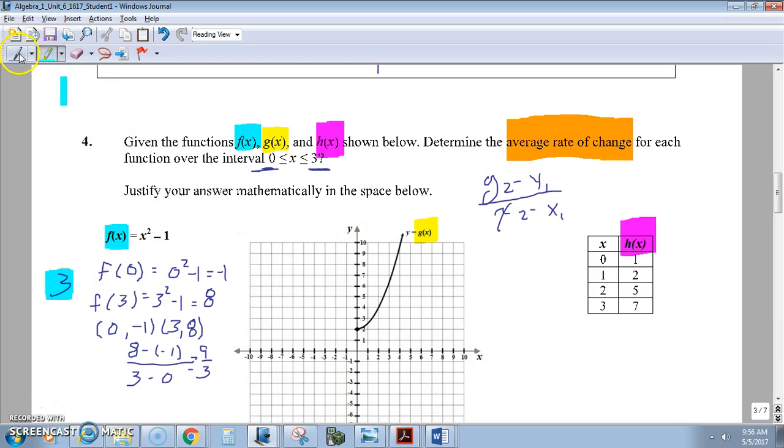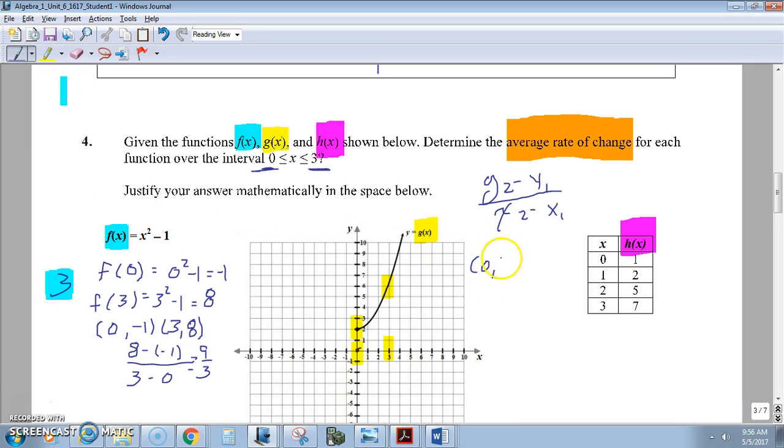So let's do it for g of x now, right? This time, if my input is 0, my output is, here I can show you guys, I'll highlight. If my input is 0, my output is 2, right? And if my input is 3, my output is 6, all right? So let's rewrite those as points.